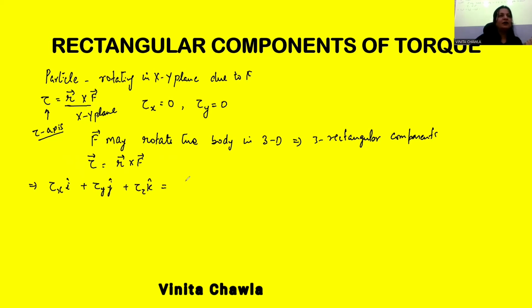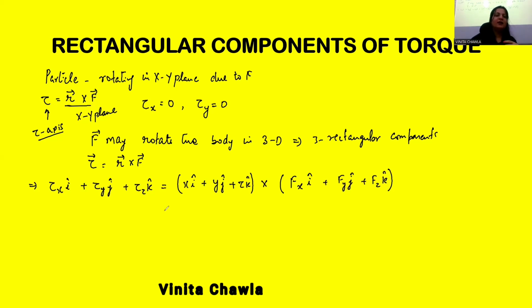Now write vector R in terms of rectangular components, x i cap plus y j cap plus z k cap, cross product. Now for F, we can write the x component of force along the x-axis, the y component of force into j cap, Fz k cap. Now take the cross product and then we'll compare the unit vectors.